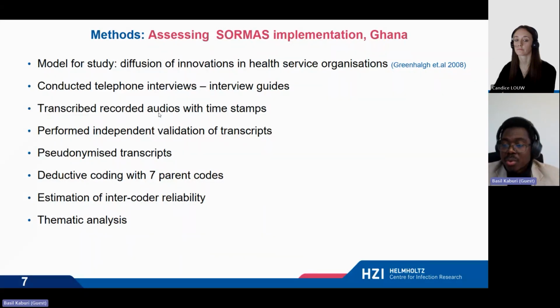So we transcribed recorded audios and had them validated by a second person to be sure that the transcriptions were accurate, and we performed pseudonymization of the transcripts to take out personal identifiers, and we then did coding according to the model of implementation evaluation, and finally performed a thematic analysis of the data.